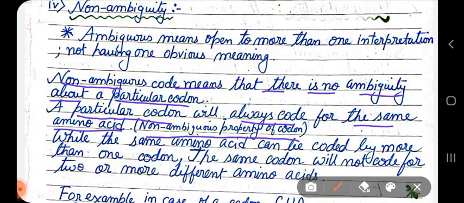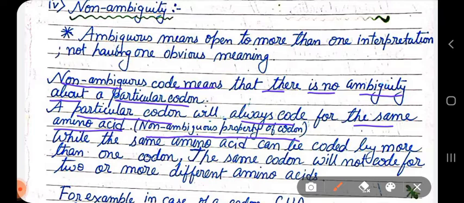It will not code for a different amino acid. One codon, AUG, codes for only methionine. One codon, CUA, will code for leucine only.